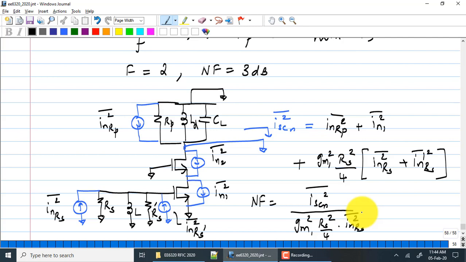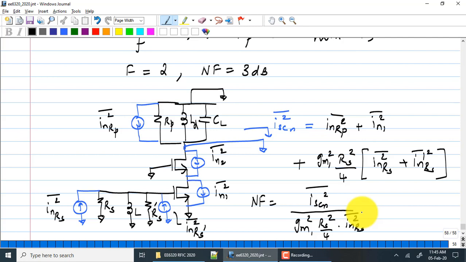So the squared noise voltage generated here is INRS squared times RS by 2 the whole squared. This is RS squared by 4. That is this term here. That times Gm squared will give you the current flowing through the short circuit. So Gm squared RS squared by 4 times IN squared RS plus IN squared RS prime. So this is the total noise. I ignore noise from M2. Make sense to everybody? I think by now, from analog ICs, it should come as second nature.